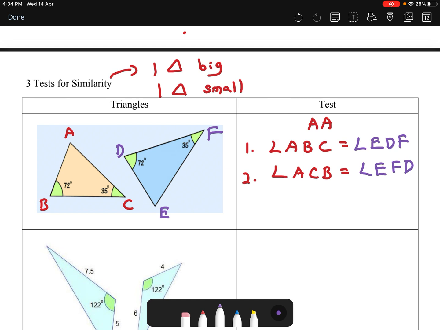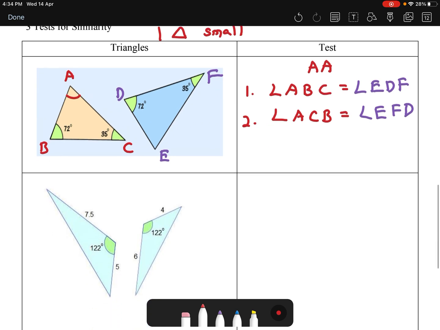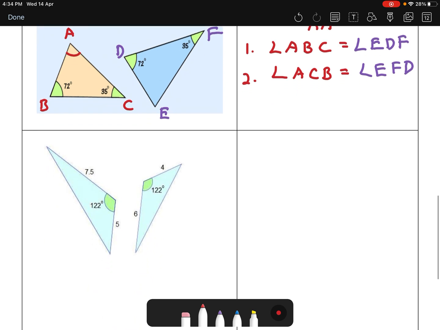As long as I prove these two angles, it is sufficient, because in a triangle, as long as I have two angles inside a triangle, 72 degree and 35 degree, I will know the final angle, right? So two angles is sufficient for me to prove that they are similar. The next test, let's just say we have two triangles again.